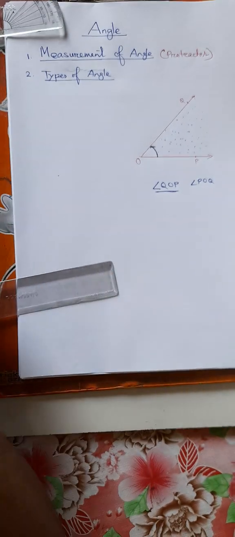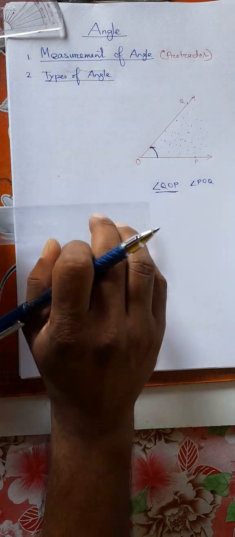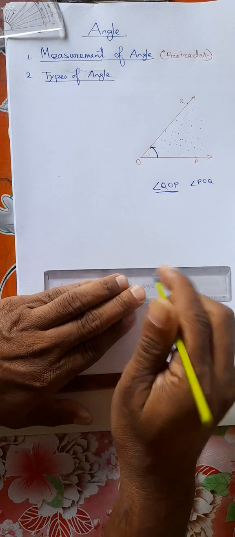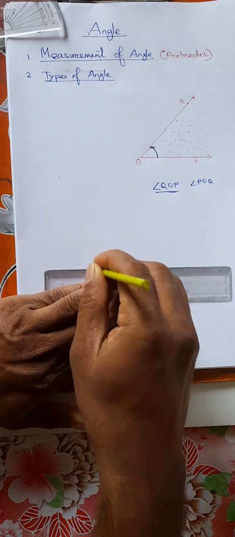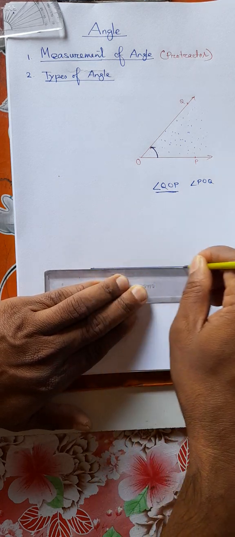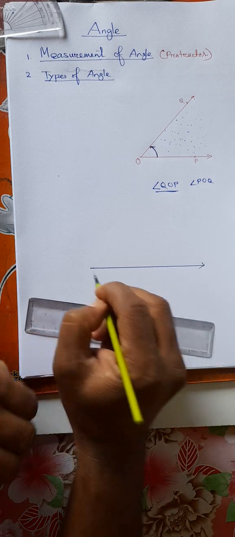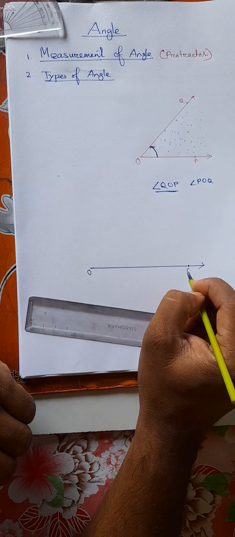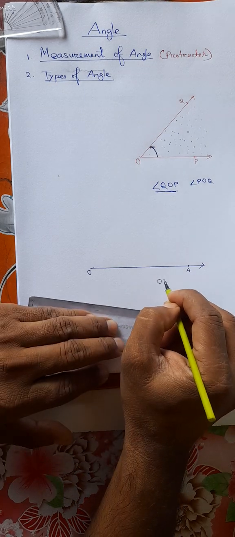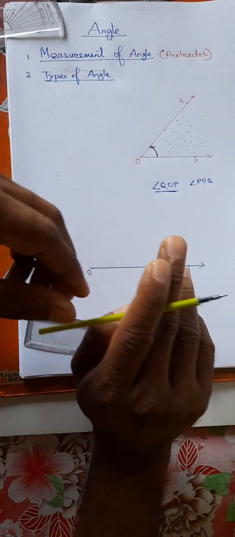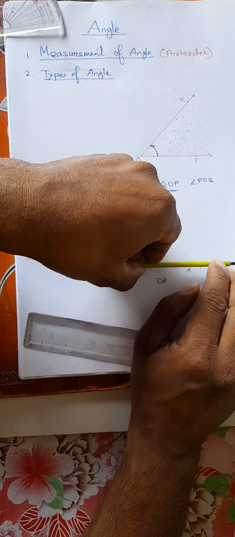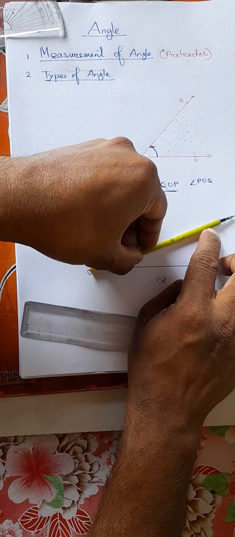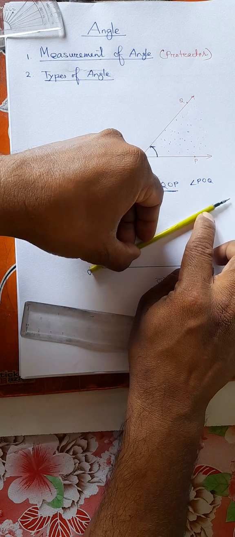Now let us think how an angle is formed in another way. Suppose you make a ray starting from this point. This is the initial point. Let us consider this is O and this is ray OA. Now keeping the initial point fixed, you can rotate this ray in the anti-clockwise direction.